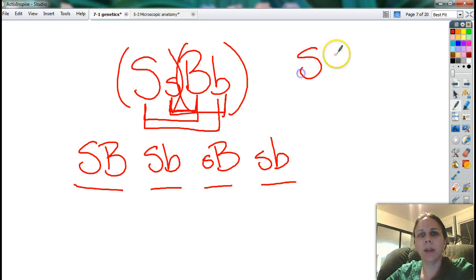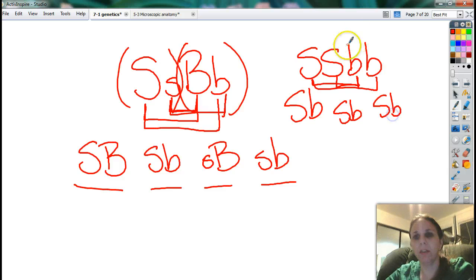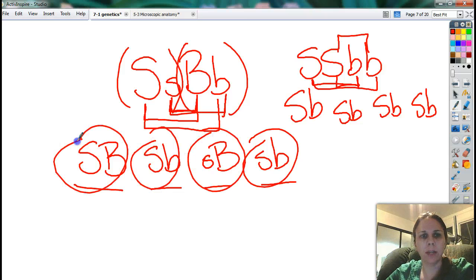So on the other one was big, big, small, small. So if I FOILed that, I get big, small from the firsts. I get from the outers, big, small. From the inners, I get big, small. And from the lasts, I get big, small. So sometimes I get 4 different ones, sometimes I get all the same, sometimes I get 2 different ones.